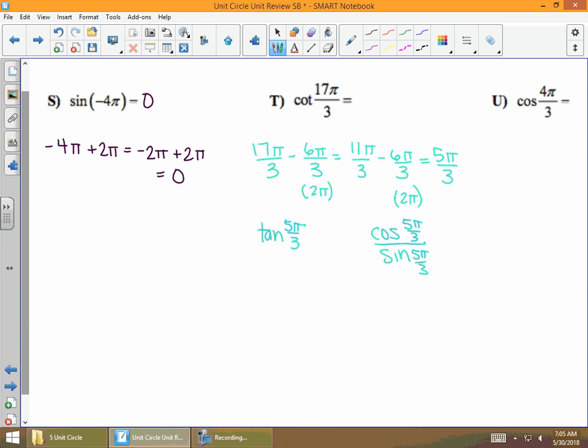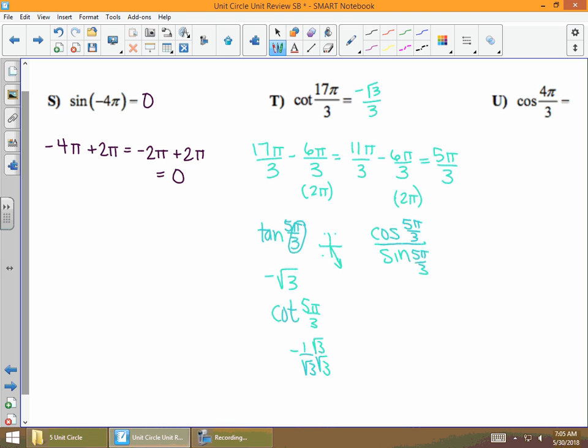At all my thirds, tangent is radical 3. 5 pi over 3, have to count around here, 1, 2, 3, 4, 5. 5 pi over 3 is in the fourth quadrant, so tangent is negative. Now if I flip that to get cotangent, I'm going to end up with negative 1 over radical 3. And then I know that rationalizes to negative radical 3 over 3.